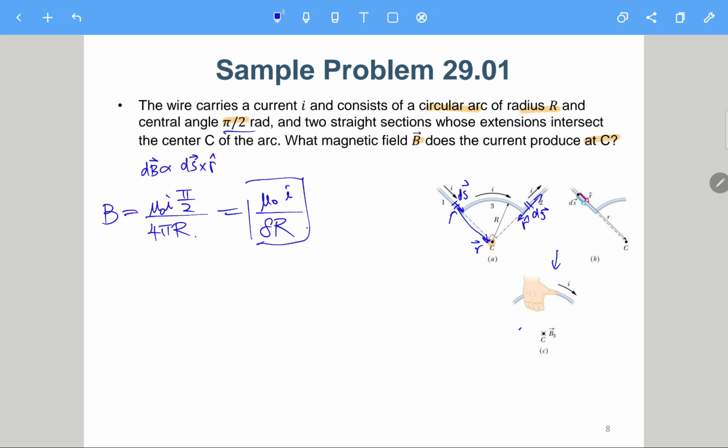So your forefinger follows the B field, and this is the current direction. So you can know that B is into the page.